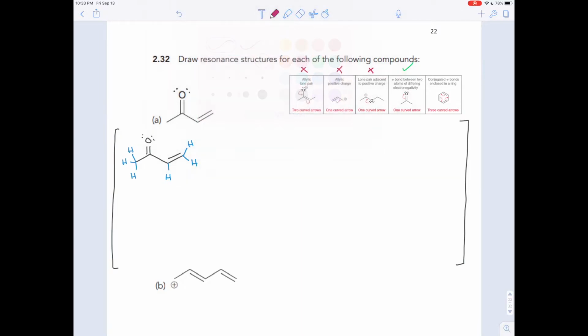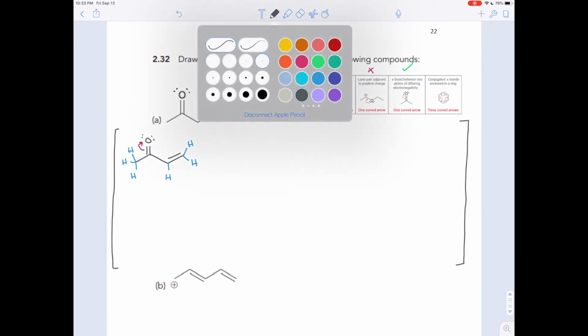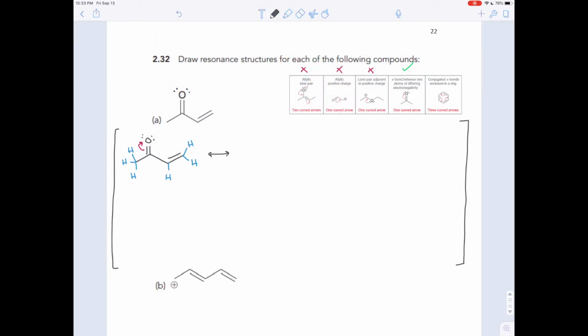Okay, the curved arrow pattern for having a pi bond between 2 atoms of different electronegativity is that the pi electrons go on to the more electronegative atom. So we'll draw that special arrow, resonance arrow, that tells you to take the average, and then you copy the molecule.